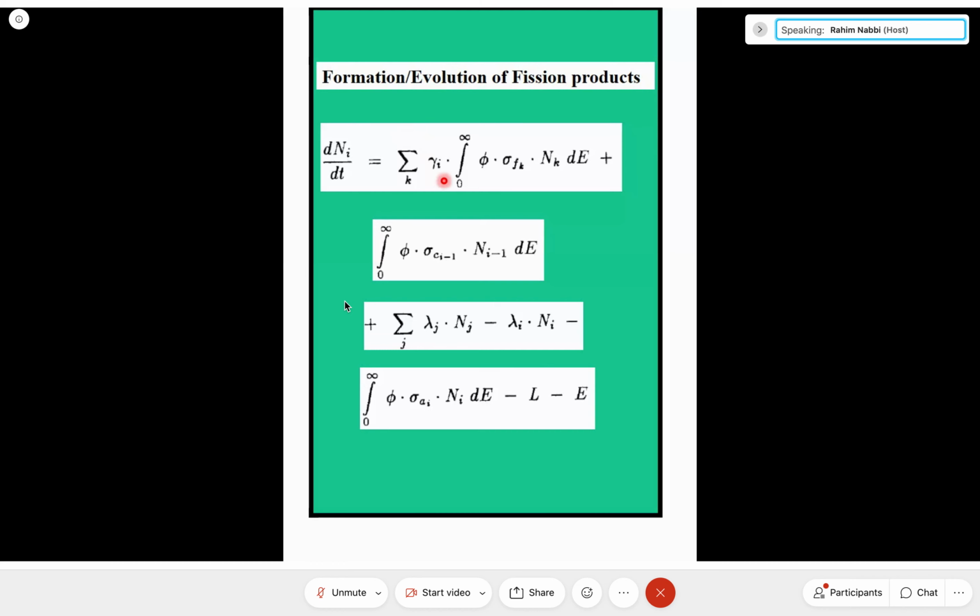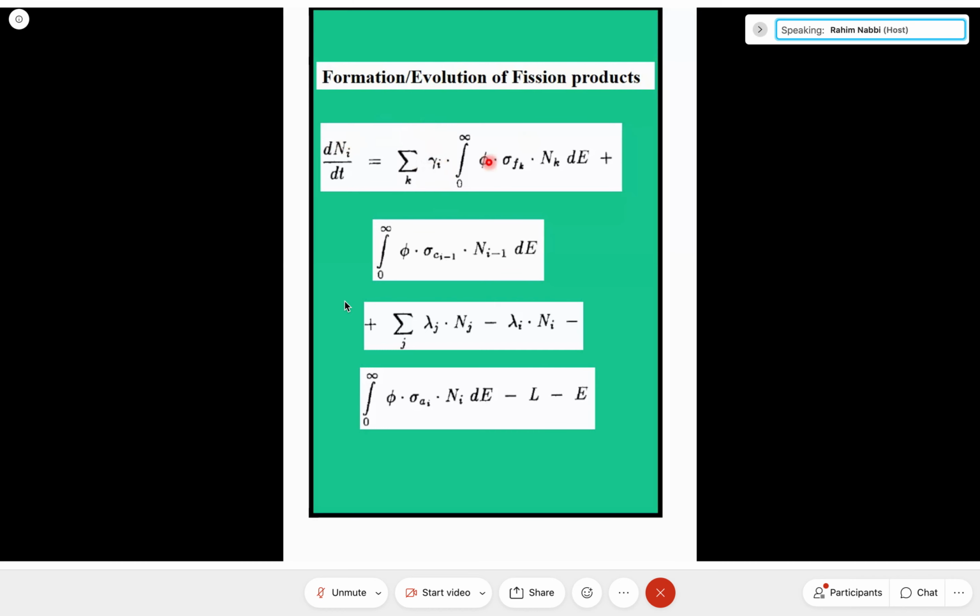And the fission yield, for example, gamma I. For example, if we take iodine and we make 100 or 1,000 fissions, something like 6 iodine isotopes would be produced. And this gamma, the fraction of this nuclide from fissioning of 100 fissionable material, is called the fission yield.